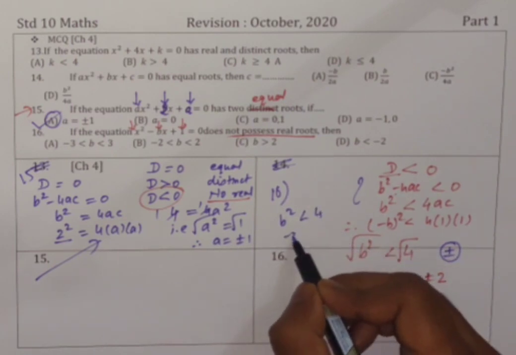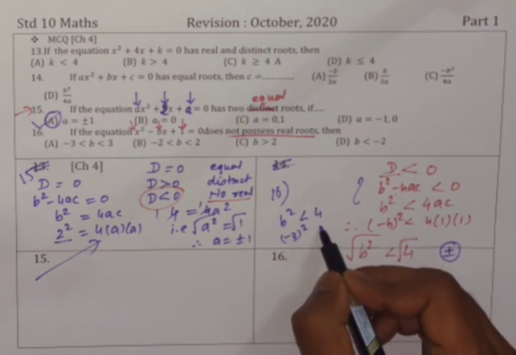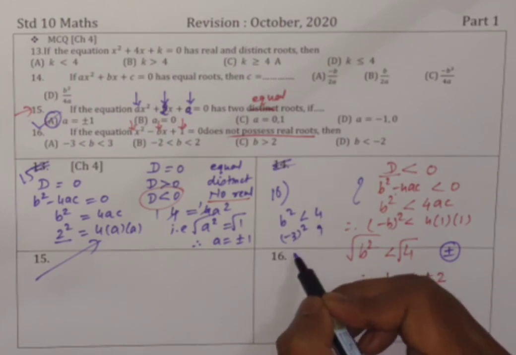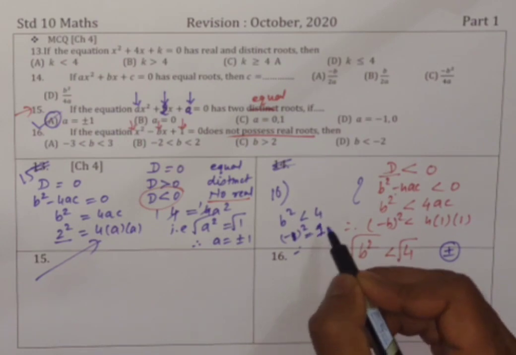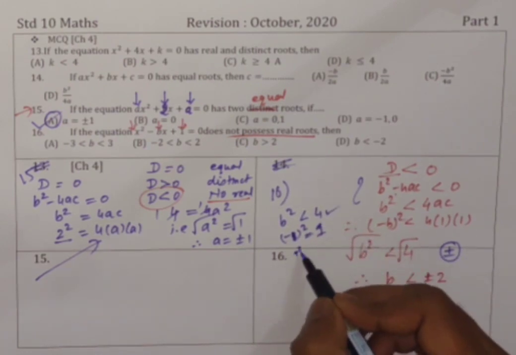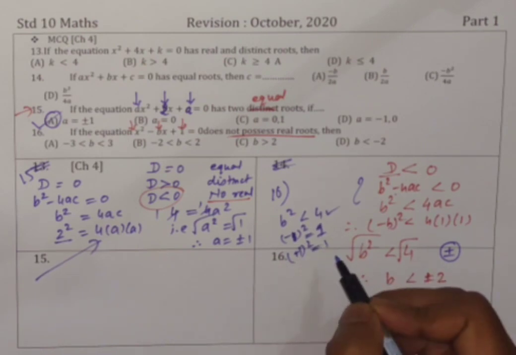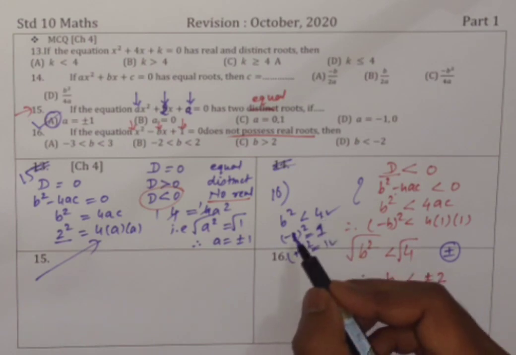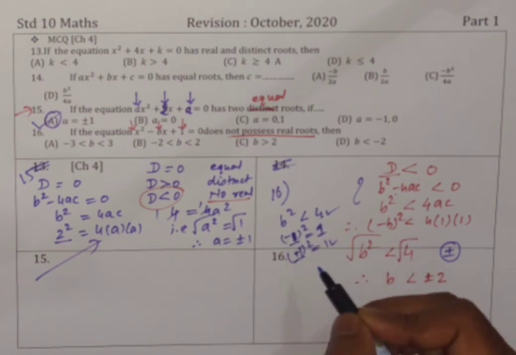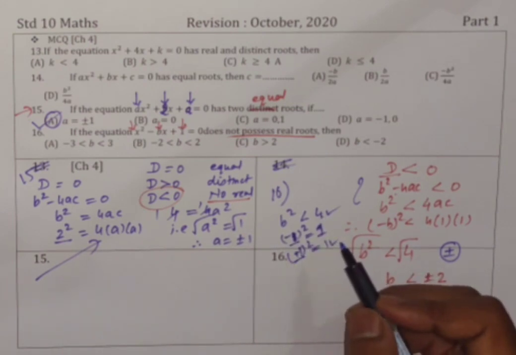If you take minus 1 square, you will get 1, which is less than 4. If you take plus 1 square, you get 1. So in both the cases it is less than 4. So b can be minus 1 as well as plus 1. Are you getting me? Alright.